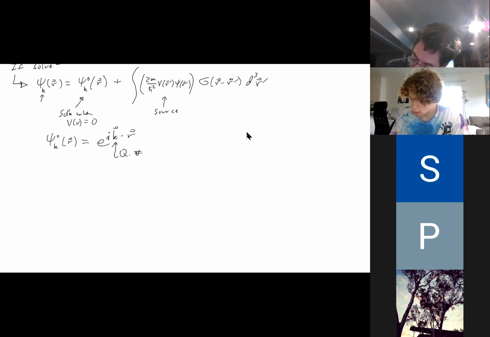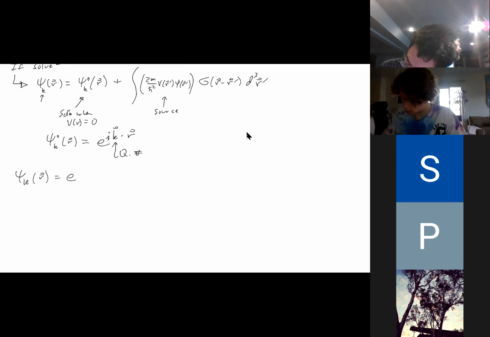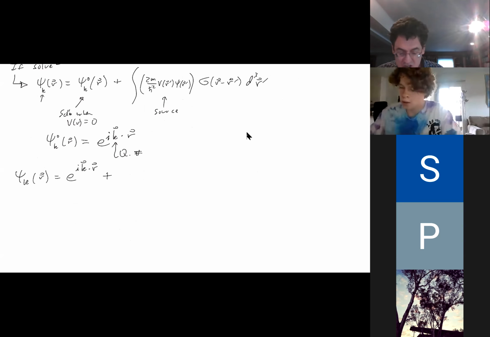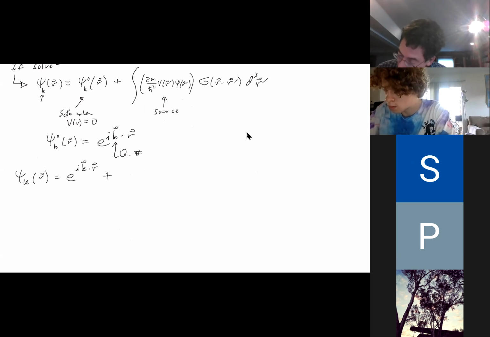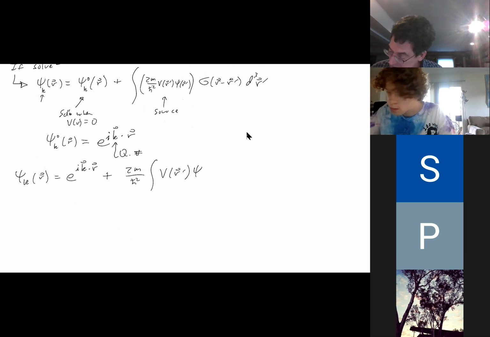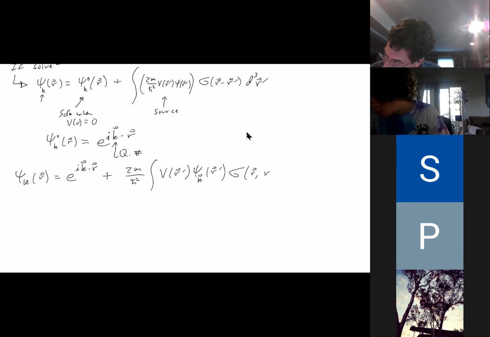So I can say psi of k of r is equal to e to the i k dot r, the homogeneous solution, plus this other part. I'll write it like this: 2m over h bar squared, integral of my potential v of r prime times my full solution, times the Green's function, integrated over all possible locations of the source.